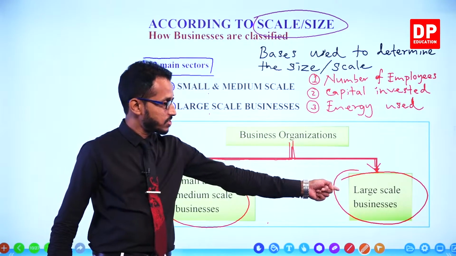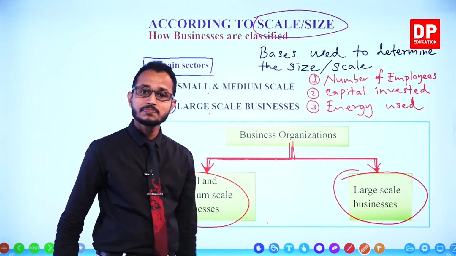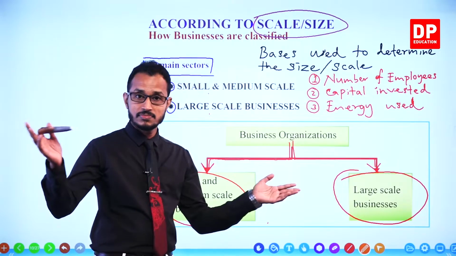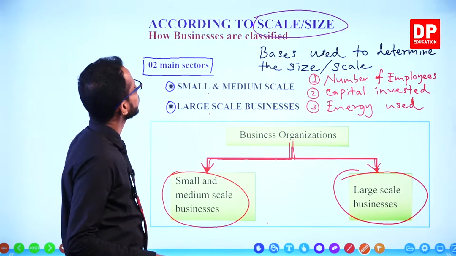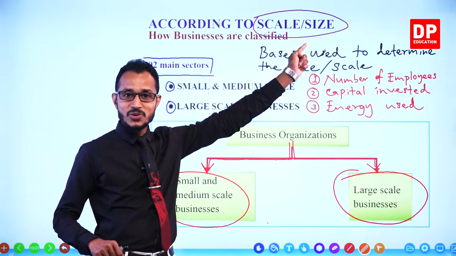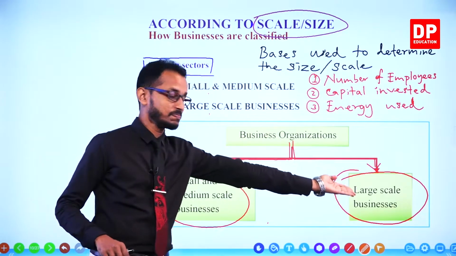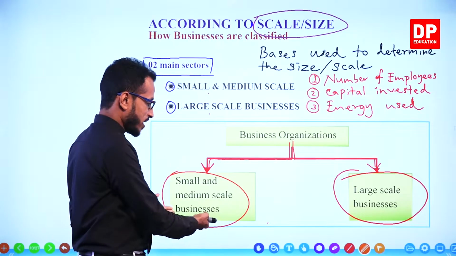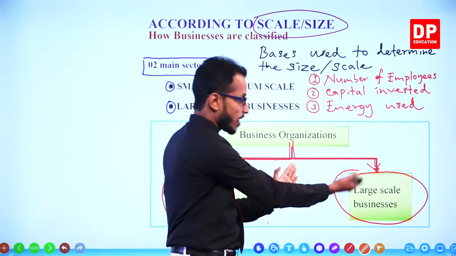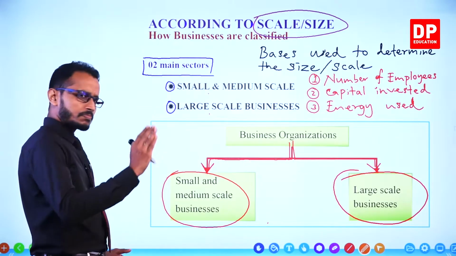What businesses do you know that fall into that category? All right. So, according to scale or size, children, we divided businesses into two main groups. Small and medium, and large scale businesses. Let's move on.